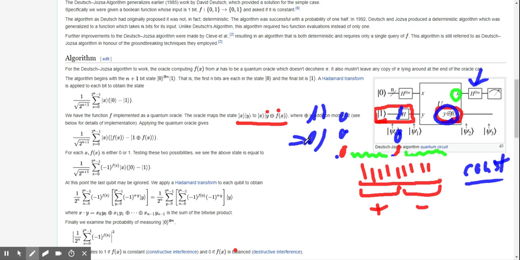So we apply a Hadamard gate again, and because we know we initialized it at 0, that still should be measuring 0. I don't understand why.